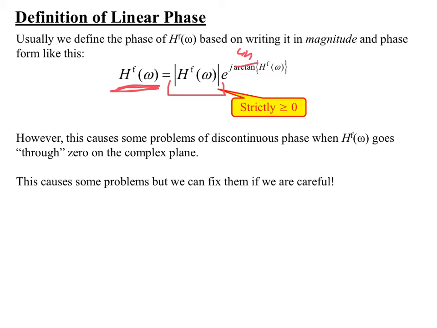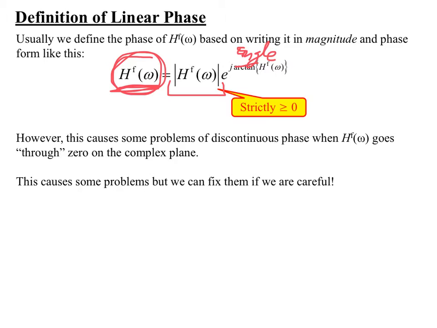So this would be angle. So it's arctan of imaginary part over the real part. So we take the angle of that. So we're basically just converting this, at each omega, convert this complex number into its polar form.